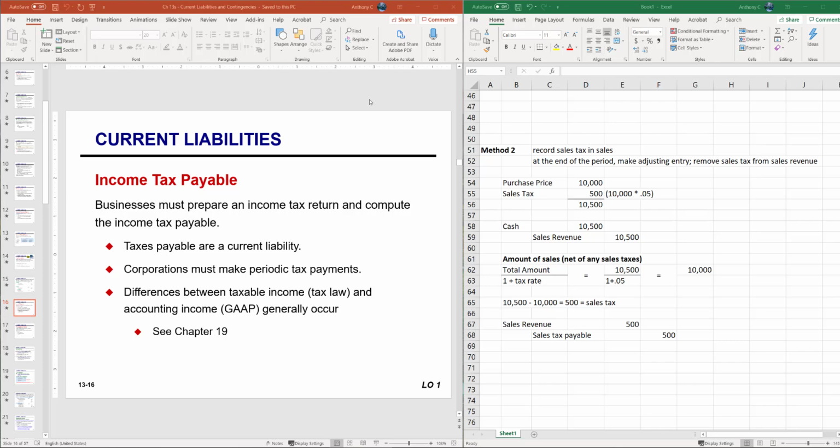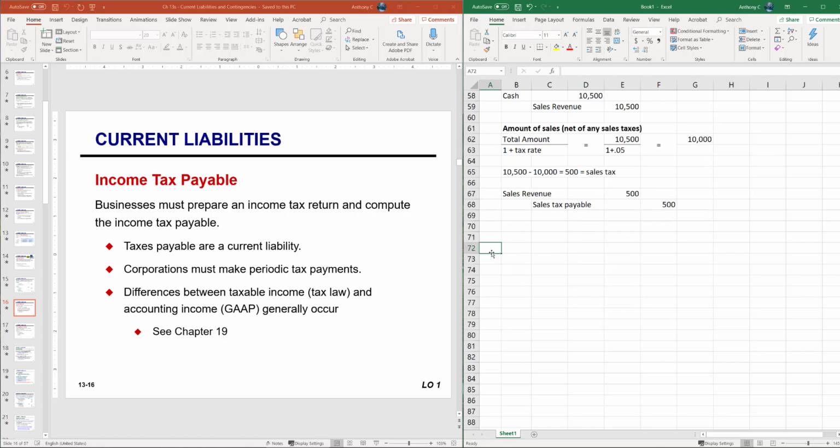So the next current liability is income tax payable. For income taxes payable, we're going to devote a whole chapter to this in chapter 19. For now, I just want you to get the basic concepts down, which will make it easier for you to grasp income taxes when we cover it in chapter 19.